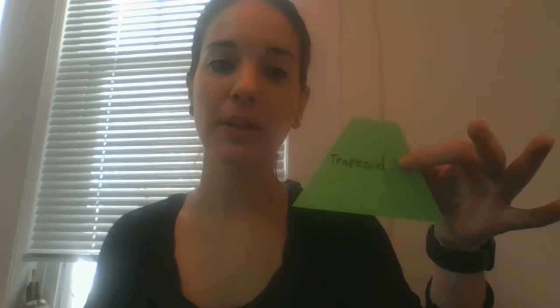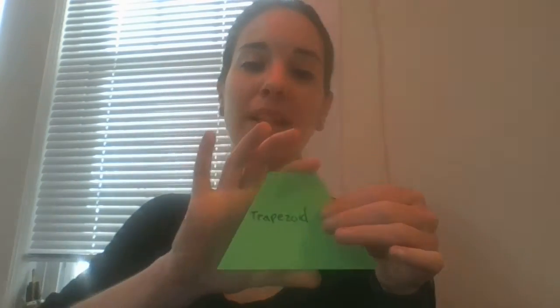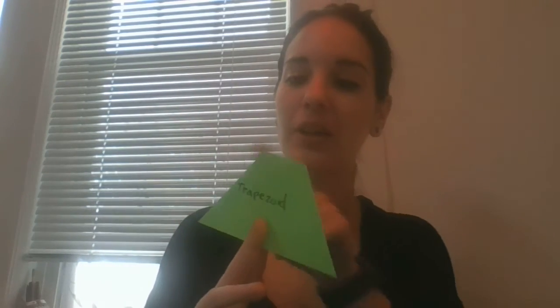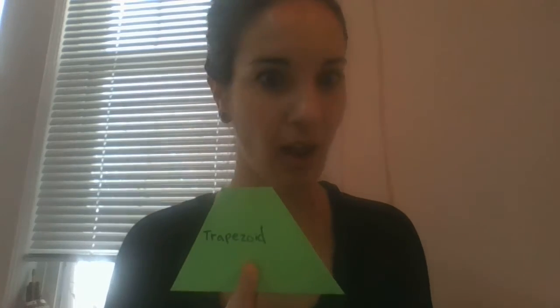So a trapezoid only has one set of parallel lines, not two, which means it's not a parallelogram. It is a quadrilateral because it has 1, 2, 3, 4 sides, but it's not a parallelogram. Our parallelograms are our rhombus, square, and rectangle.